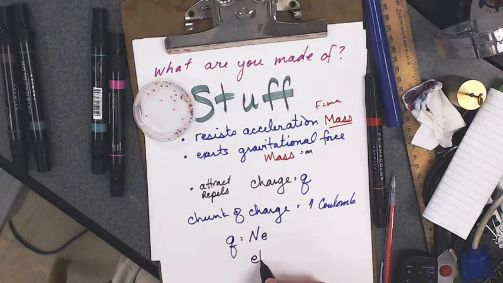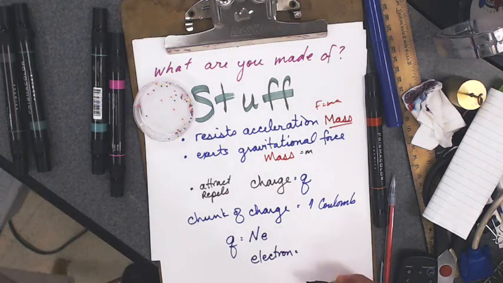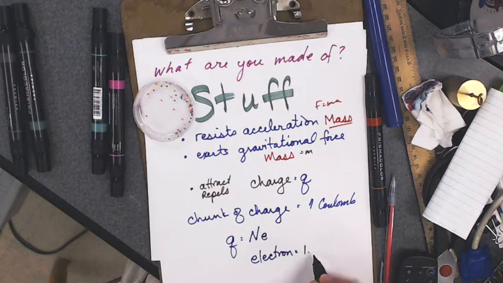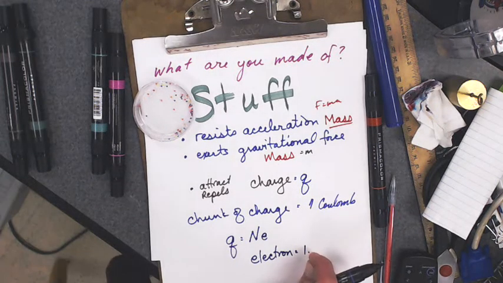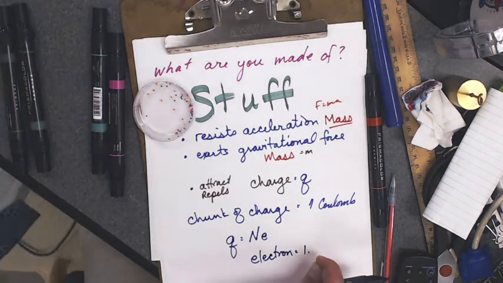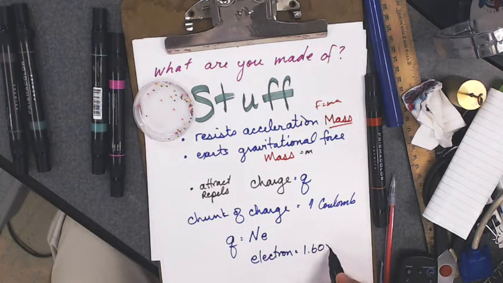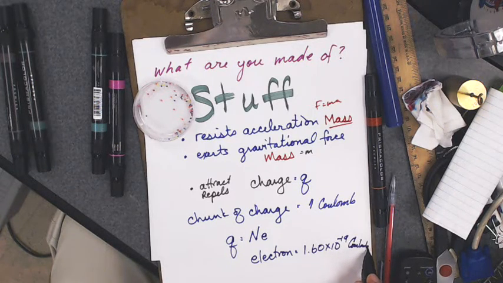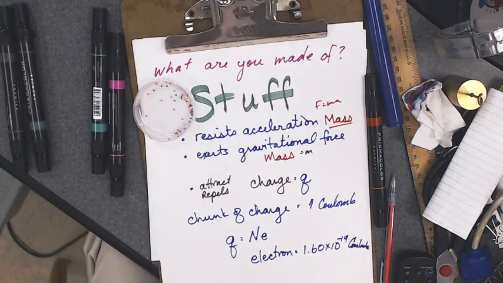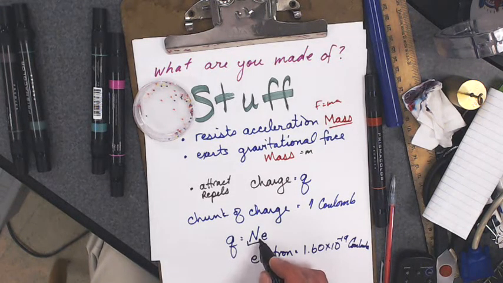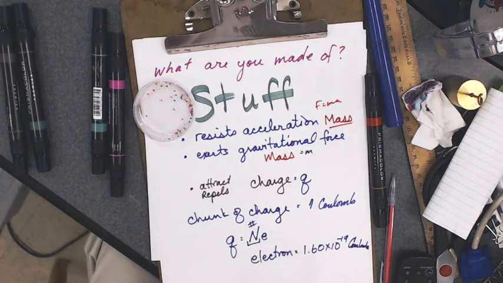And an electron has 1.60 times 10 to the minus 19th coulombs. So we can figure out how much charge is on it by looking at the number of electrons that are in it.